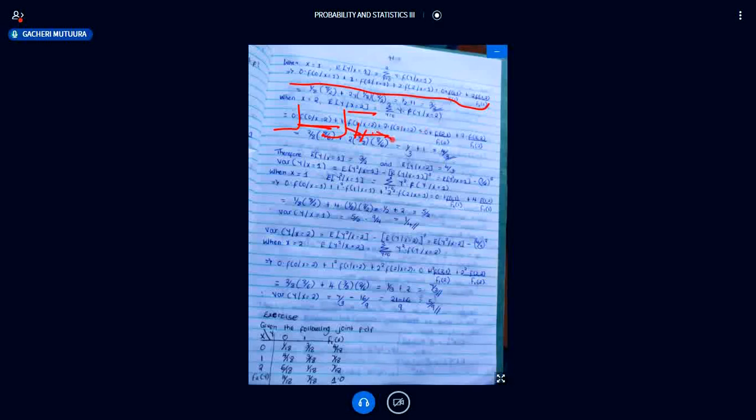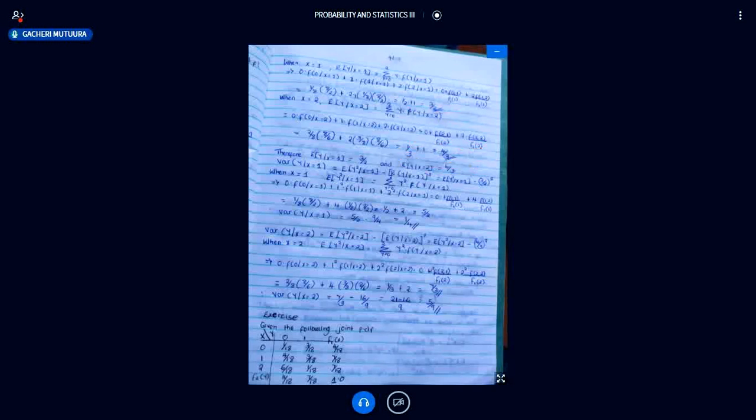And then when y is 2, you have 2 times f of y is 2 given x is 2. So you use the formulas that we use to obtain those conditionals, dividing the joint by the marginals, and you're going to end up with the expected value for y when x is 2, and the first one will give you the expected value for y when x is 1.